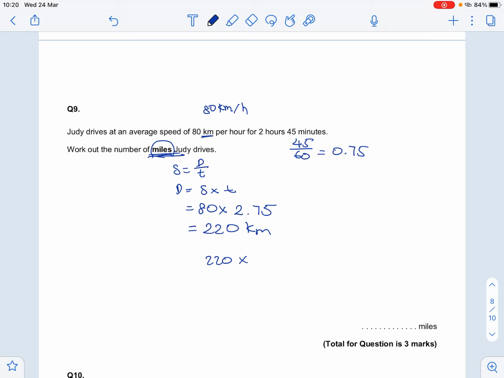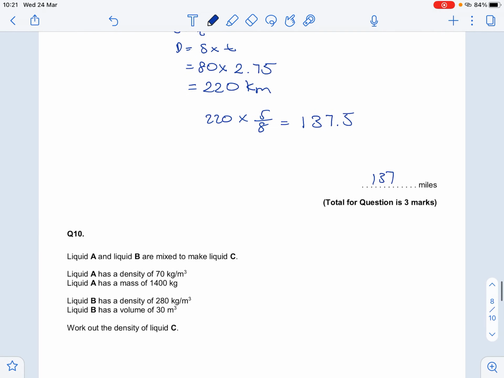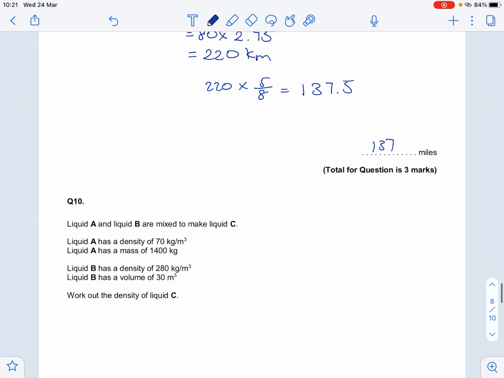The conversion from kilometers to miles is multiplying by 0.625. So you should get 137.5 miles.